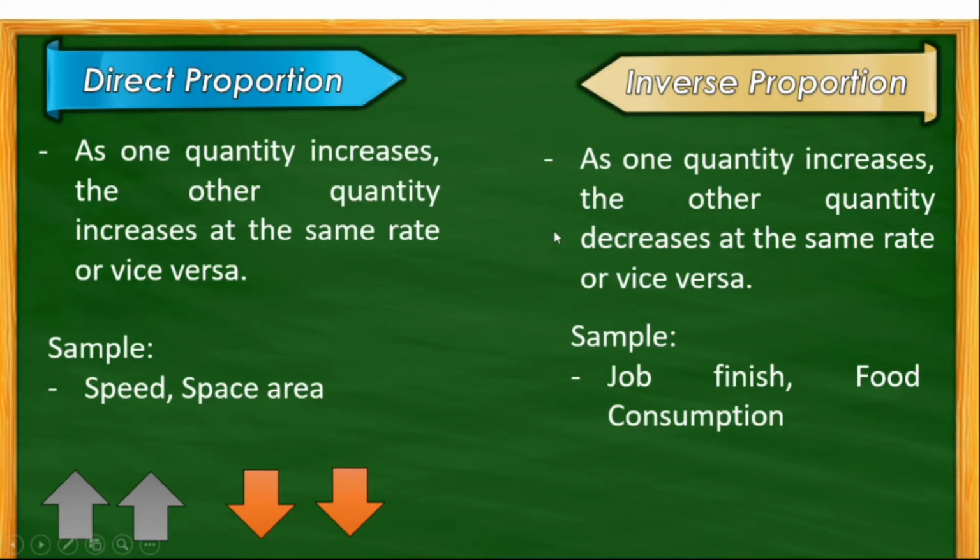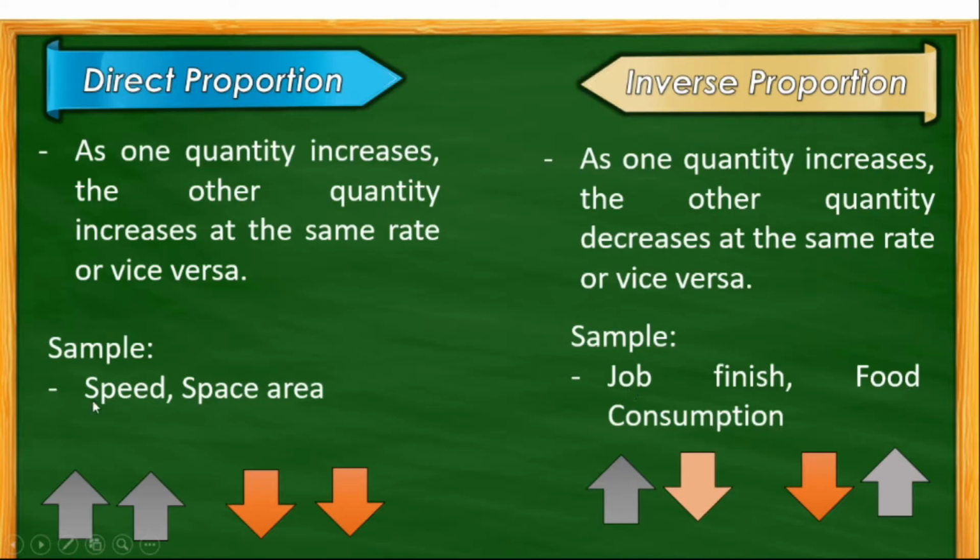In contrast with the inverse proportion, inverse meaning to say the first quantity increases, the second quantity decreases, or the first quantity decreases, the second quantity increases. Examples are job finish, or food consumption.